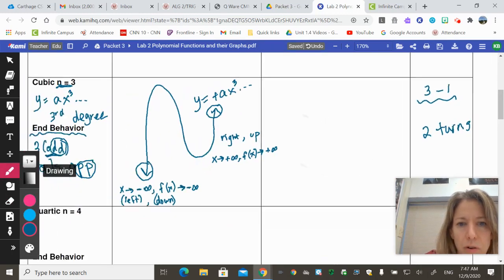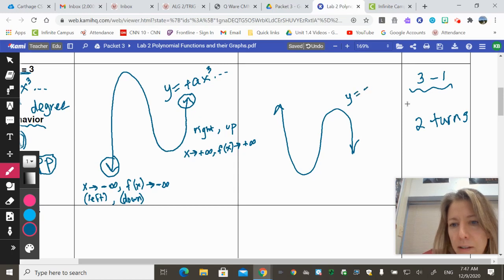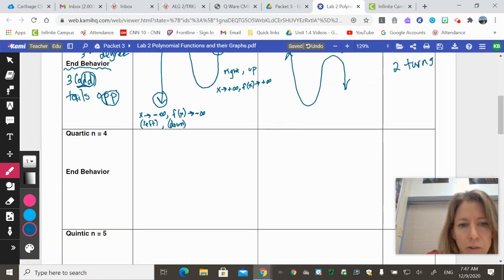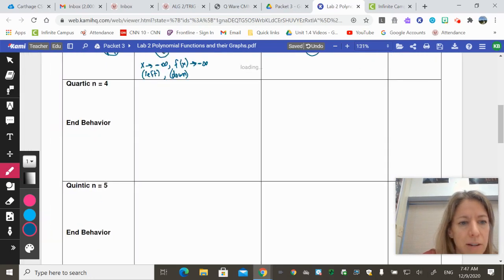Okay, so over on the next side, if we want a negative cubic, the right tail is down. We have the 2 terms, and this is what a negative ax cubed would look like. All right, so you should start seeing the pattern. There are lots of patterns in math.